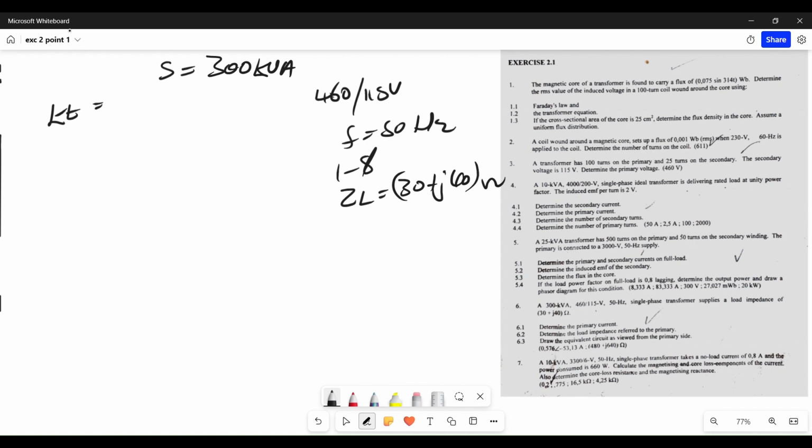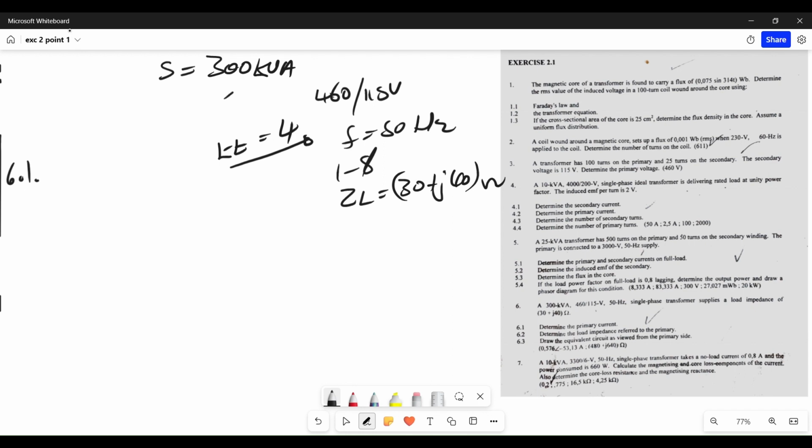V1 over V2 is 460 over 115, which is 4. So we know the value of our KT. KT is 4.